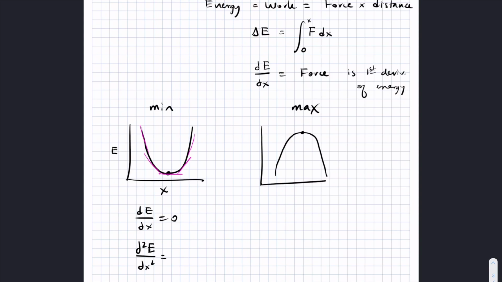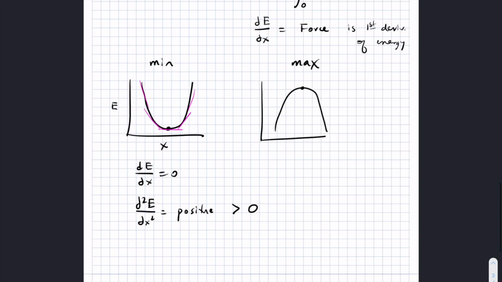So overall, the first derivative of the first derivative is positive, or I suppose we could say greater than 0. Okay? So true minima will be places where all of the second derivatives of energy with respect to some degree of freedom coordinate will be positive.